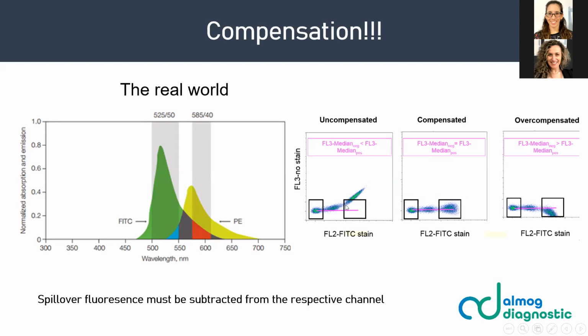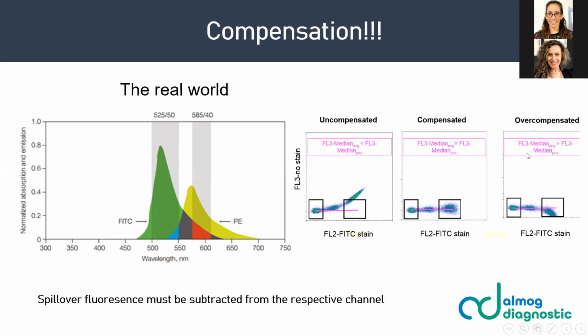It means that the median fluorescence in the PE channel for FITC needs to be the same as the negative signal. So we just want to see this imaginary straight line that strikes through the negative population and also the positive population.